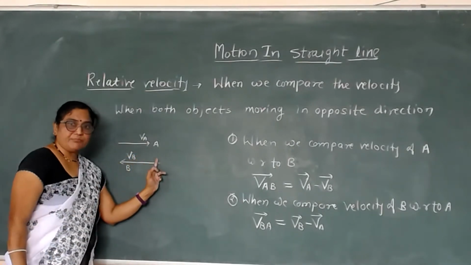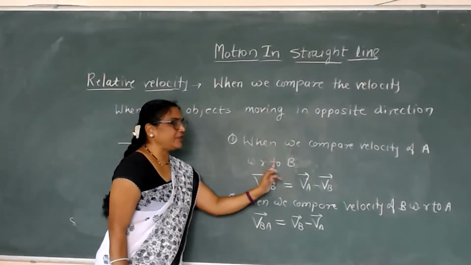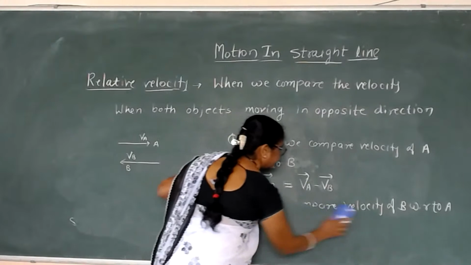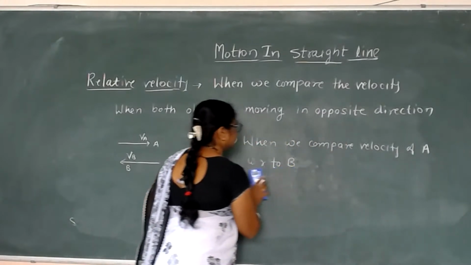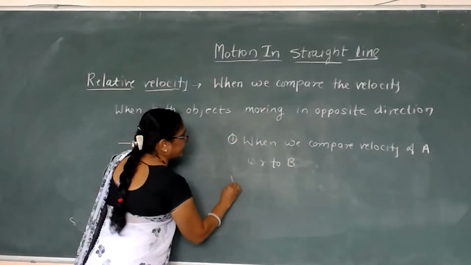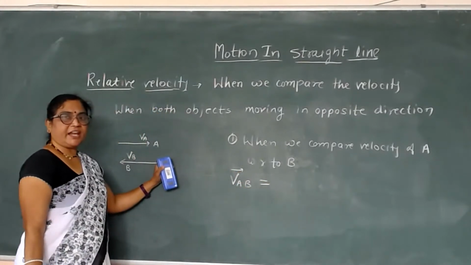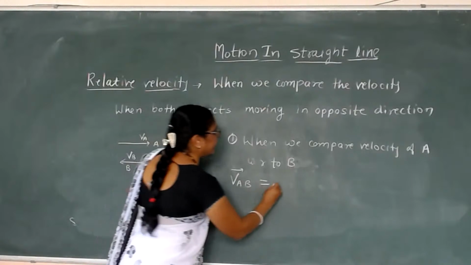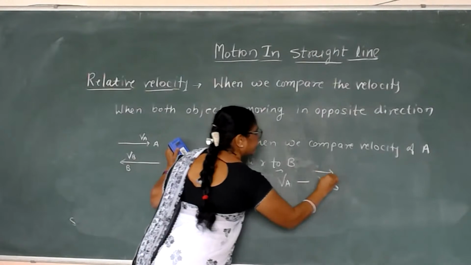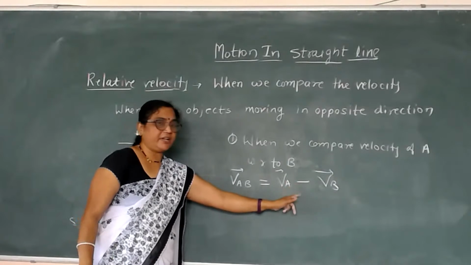When we compare the velocity of A with respect to B, the direction is opposite, so we use the formula VAB is equal to VA minus VB. This is the formula to find the relative velocity.